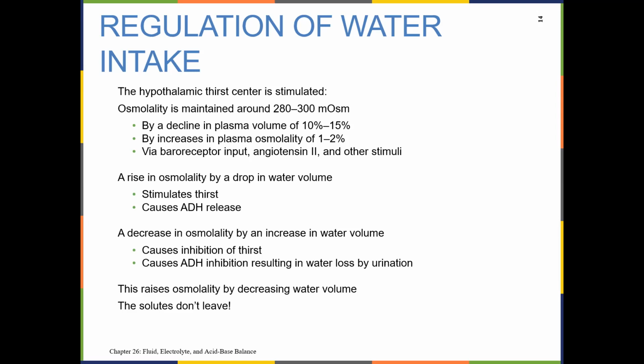You can get a similar result to drinking alcohol by drinking lots of water, and you'll have to pee it out. In both cases, alcohol inhibits the release of ADH, and excessive water intake inhibits ADH. Both cases, you're going to be peeing frequently. We don't lose our solutes. The sodium doesn't leave. We don't lose our sodium. Water can go out, water can come in.